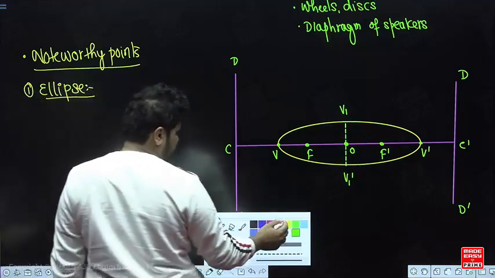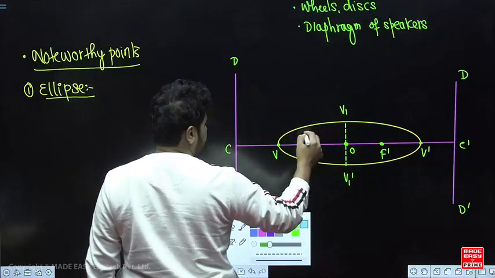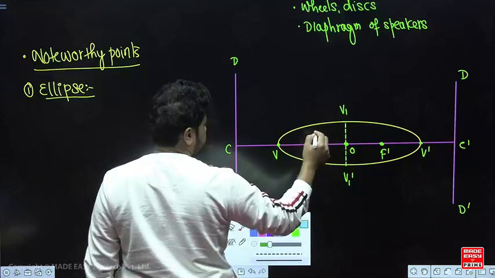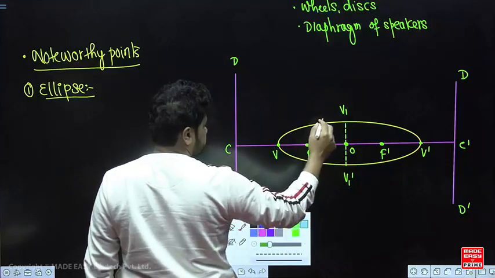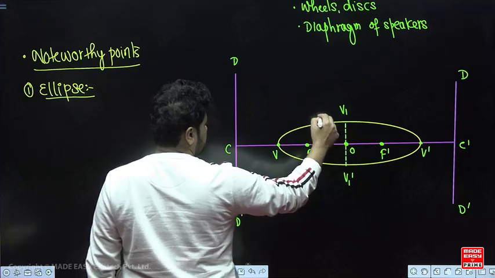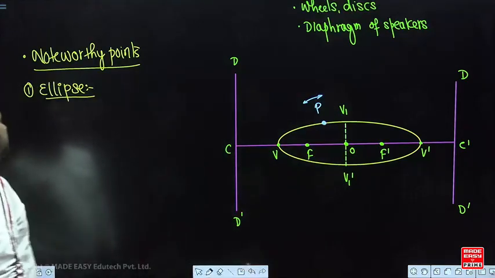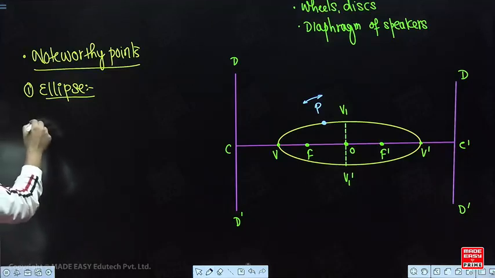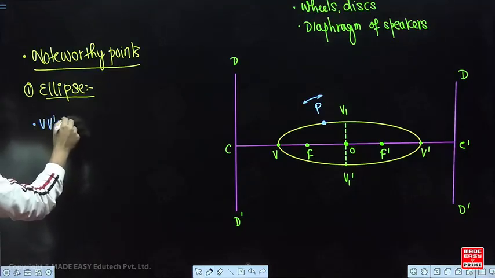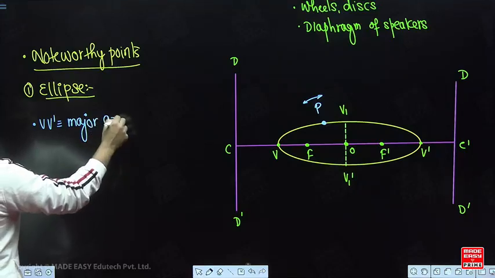Suppose there is a point which is moving over here. Consider any point. This point is moving in either direction, correct? So here VV dash is called the major axis.